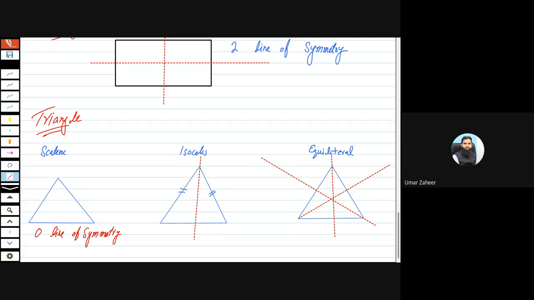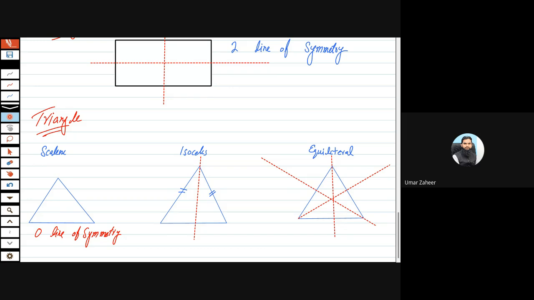And this line is going to be the line of symmetry. If I talk about this line, look here, this part is going to make exactly the same image on the other side. Obviously all sides are equal, so this makes exactly the image on the other side. If I talk about this line of symmetry, this part is exactly reflected on the other side.